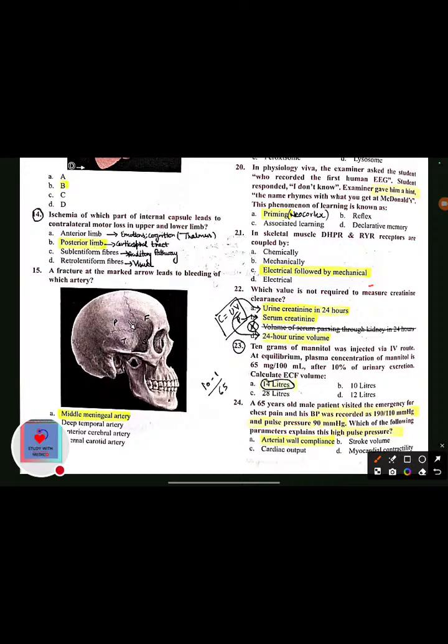Which value is not required to measure creatinine clearance? Volume of serum passing through kidney in 24 hours.